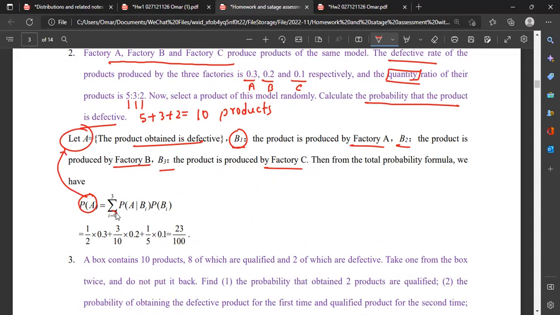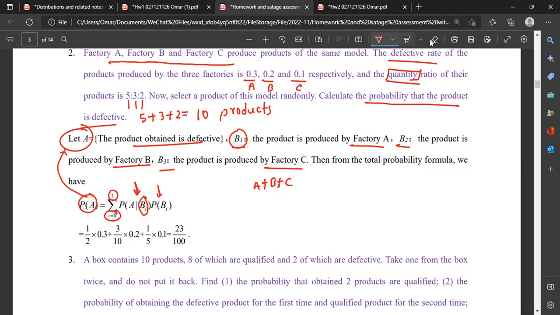So we have i from 1 to 3 because we have three companies A, B, and C. And then we just add them together. That means summation. And you see here P of A given Bi, and P of Bi.